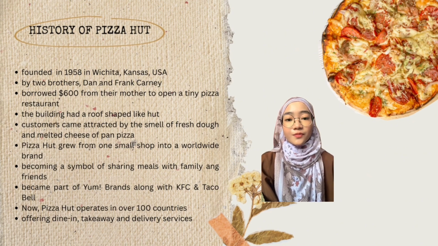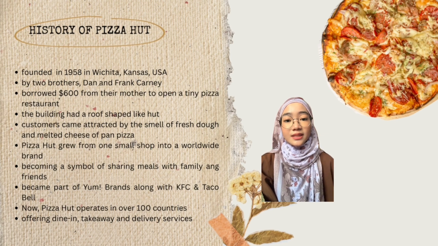At first, few people knew about pizza, but the brothers believed in their idea. Slowly, customers came, attracted by the smell of fresh dough and melted cheese of pan pizza. Years passed, and Pizza Hut grew from one small shop into a worldwide brand, serving millions and becoming a symbol of sharing meals with family and friends.